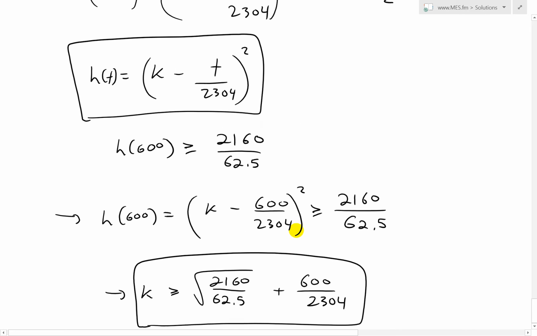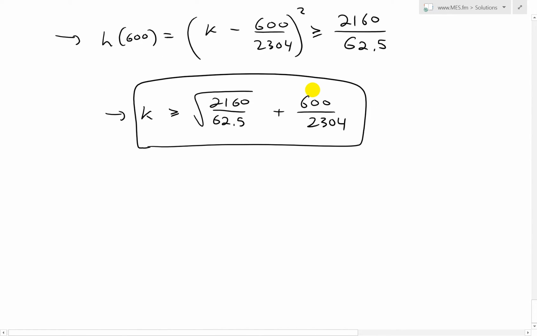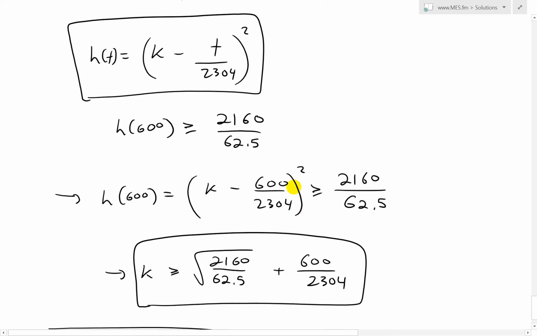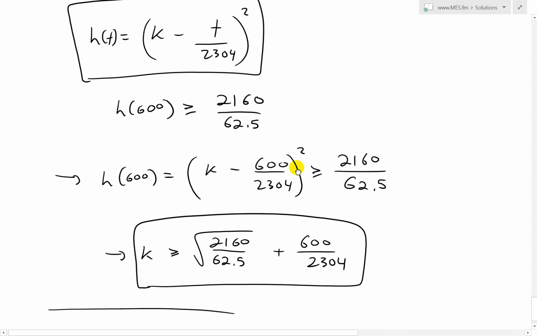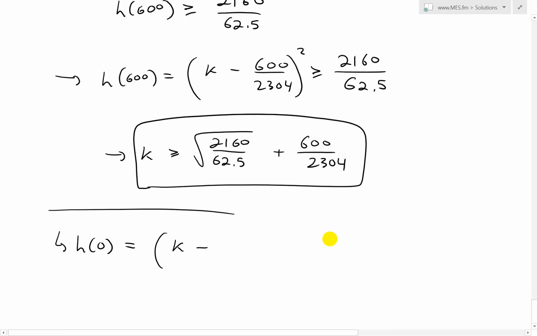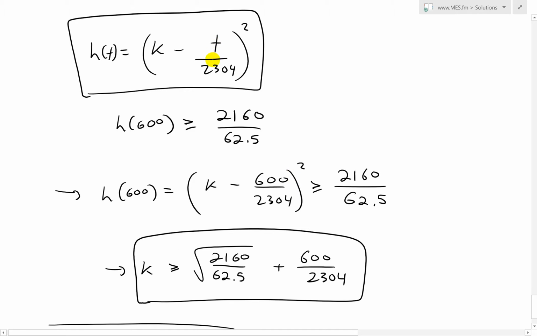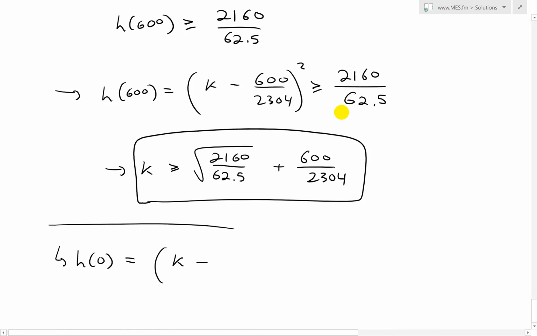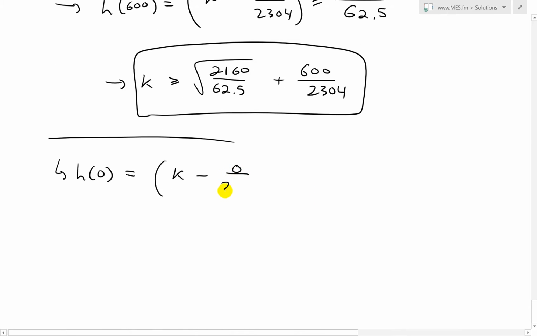So what we could do now is solve for h of 0, because we have the k value. So h of 0 is equal to k, I'll keep it like that, and then put 0 inside here, so we'll have 0 over 2304 all squared.